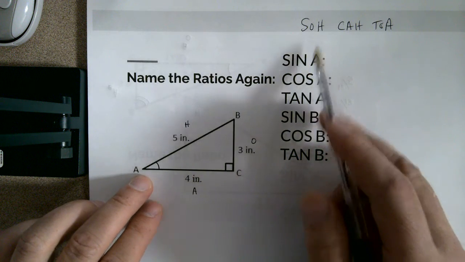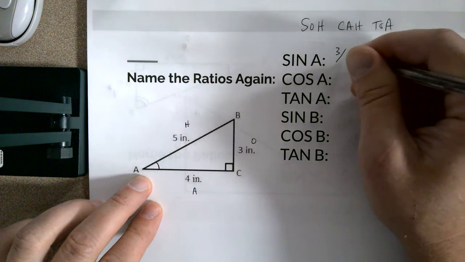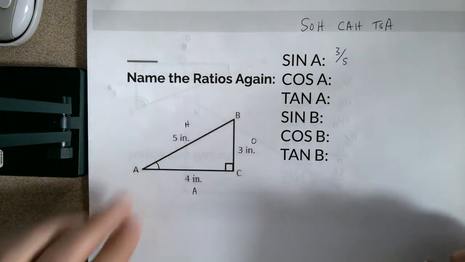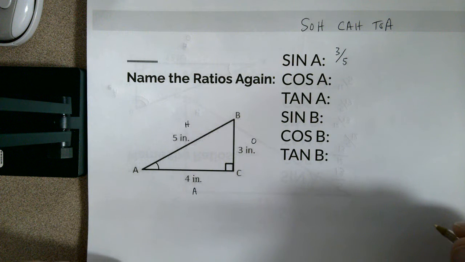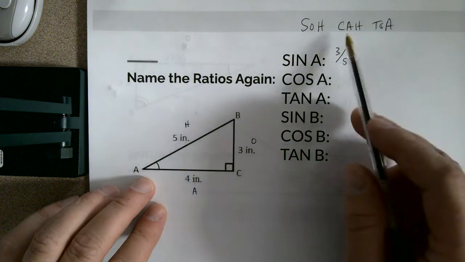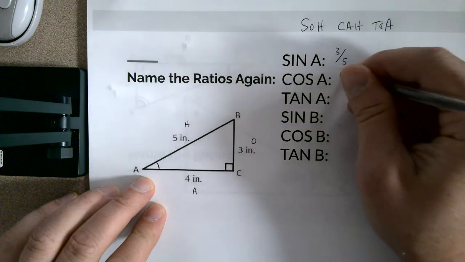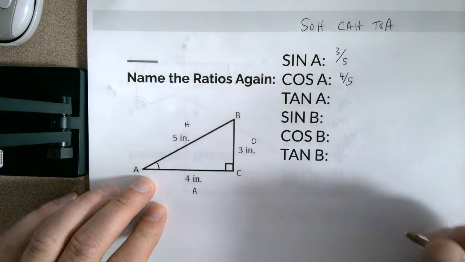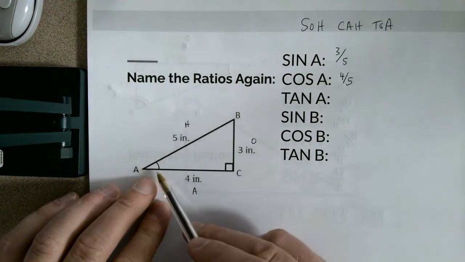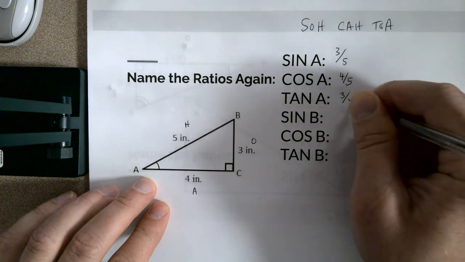So the sine of A, opposite, is going to be 3 over the hypotenuse, which is 5. So 3/5 would be your ratio for the first one. The cosine of A is going to be the adjacent over the hypotenuse, so that's 4 over 5. The tangent of A is opposite over adjacent. That's going to be 3 over 4.